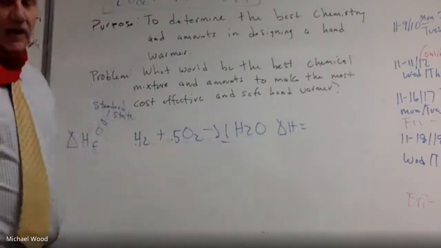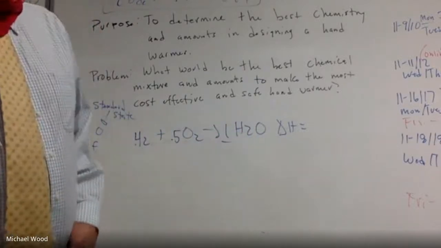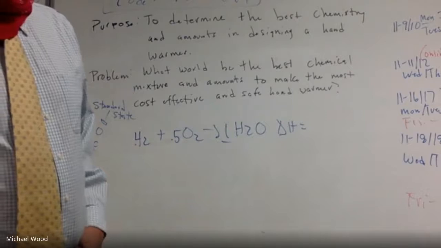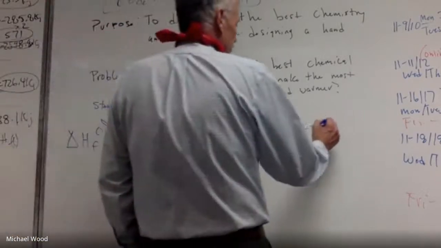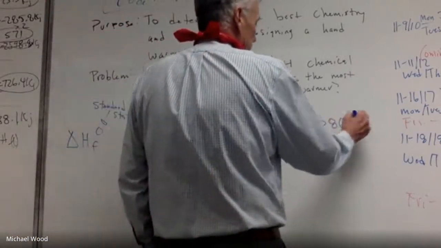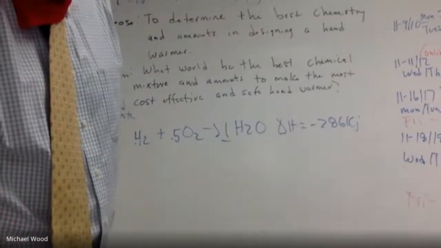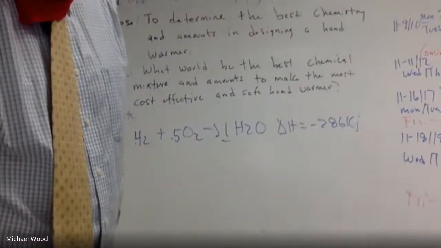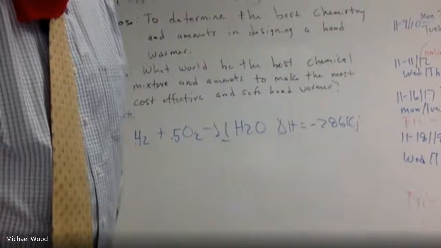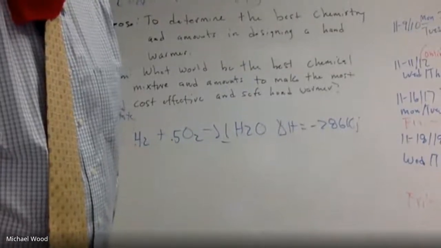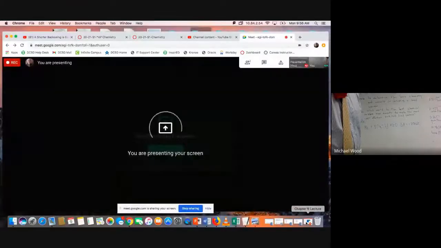And then the delta H was right in the table. It was given there in the table, and it was negative 286 kilojoules. Okay, so that's how to do that. Now the next one, same exact principle, just this whole thing about the formation.